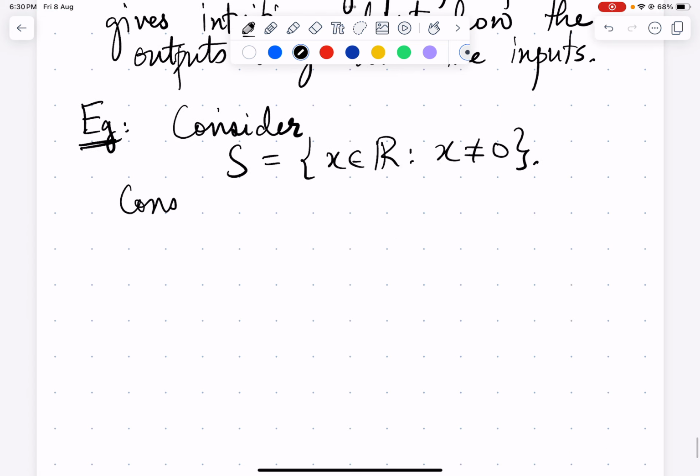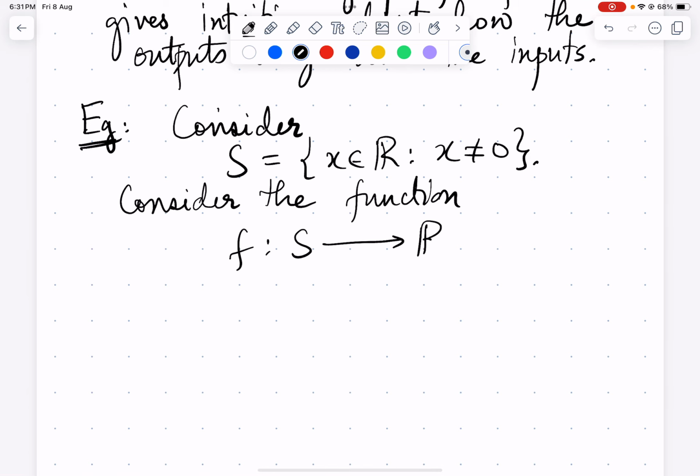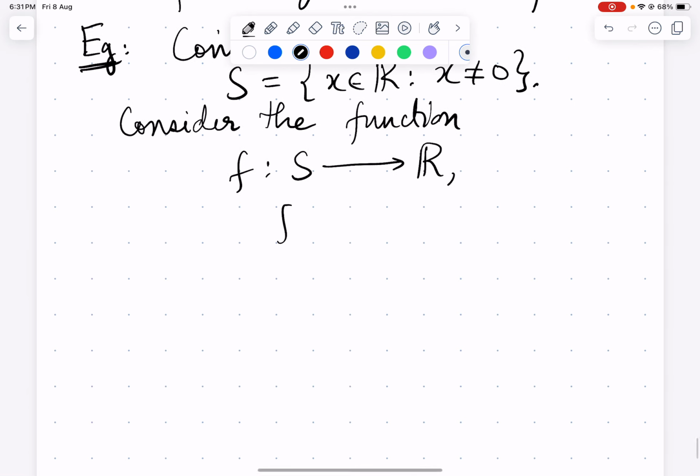Then consider the function f from S to R and f of x equals 1 by x. So this function is not defined at 0, and points in S are just reals which are not 0. For any input x in S, it gives the output 1 by x.